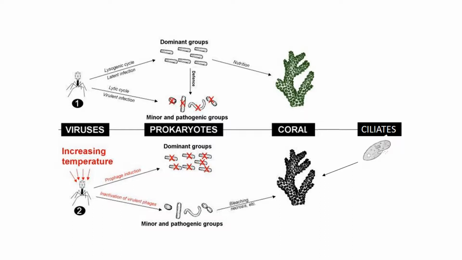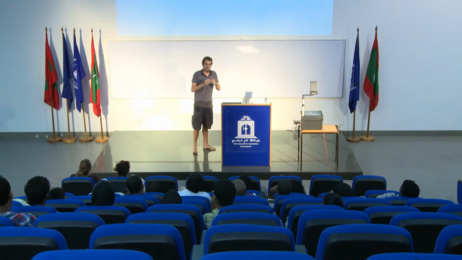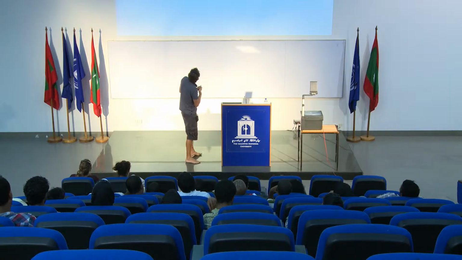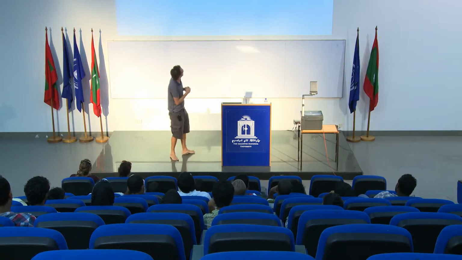In this instance, it's helping dominant healthy bacteria, but it's keeping minor groups and pathogenic groups at bay. Phages attack other bacteria. Usually they attack a specific species or group, but you can get generalist phages as well. And in a natural system, they all work together quite happily.